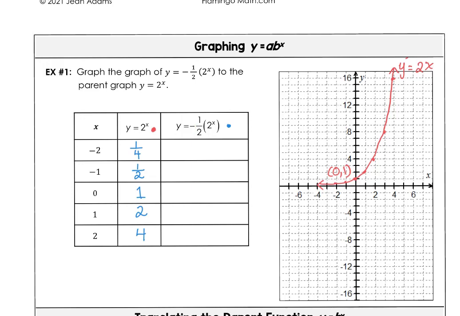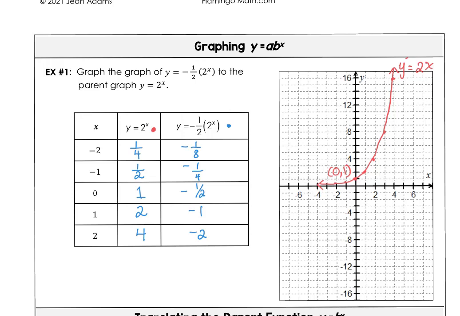So filling in that table, we have negative 1/2, negative 1/4, negative 1/2 again, negative 1, negative 2. We got a mistake here. Let's go fix that. That should be negative 1/8, not negative 1/2, because I'm multiplying 1/4 times negative 1/2.